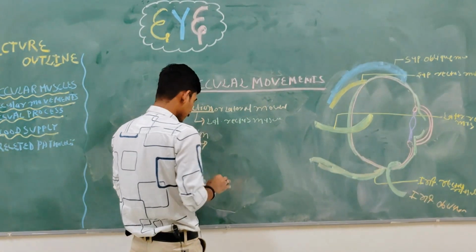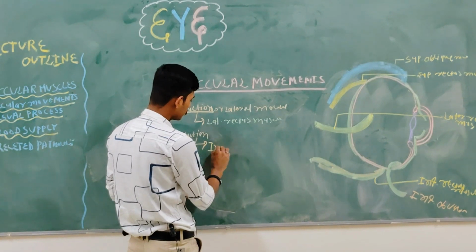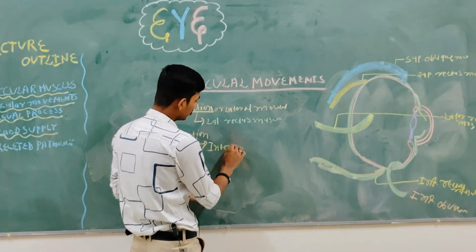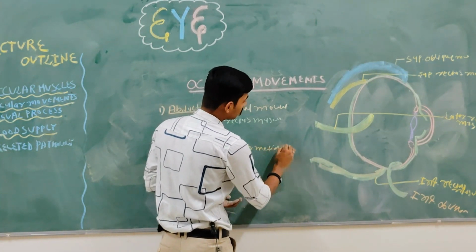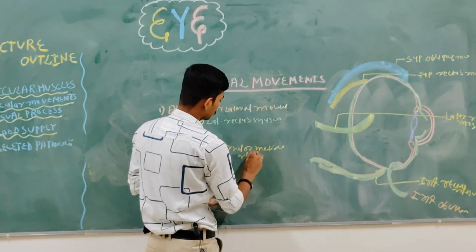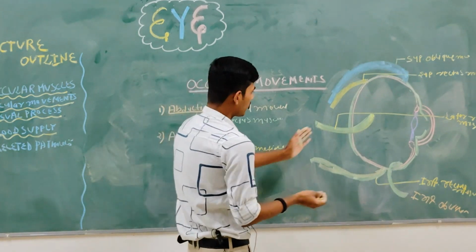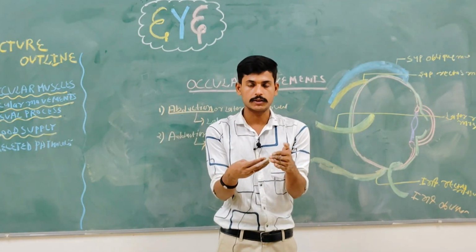Write down, there will be a contraction of the internal or medial rectus, which is not shown in this diagram. Now I have to move inward.